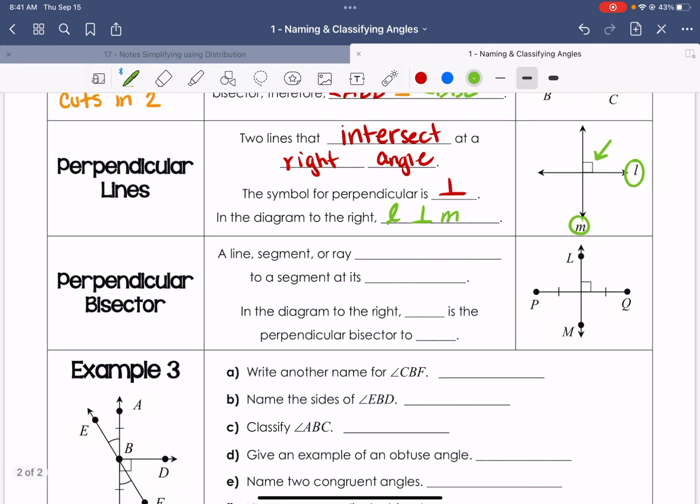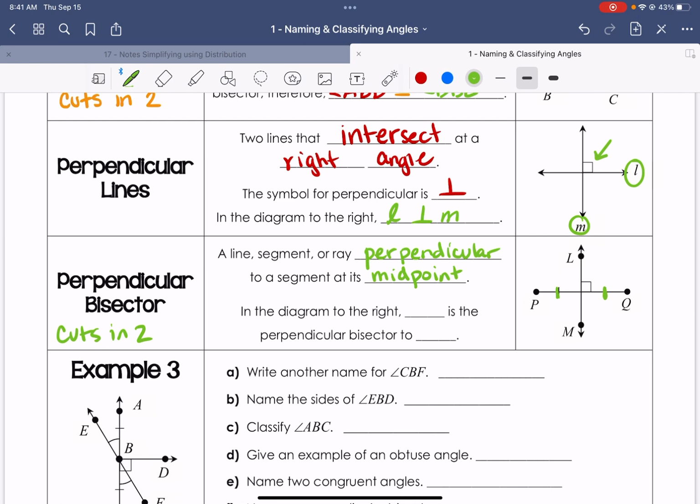A perpendicular bisector is just a line, a segment, or sometimes even a ray that is perpendicular to a segment at its midpoint, so right in the middle. So anytime you see the word bisector, it means it cuts it in two right in the middle. So in the diagram, we have these two little dashes that tell us it's right in the middle.